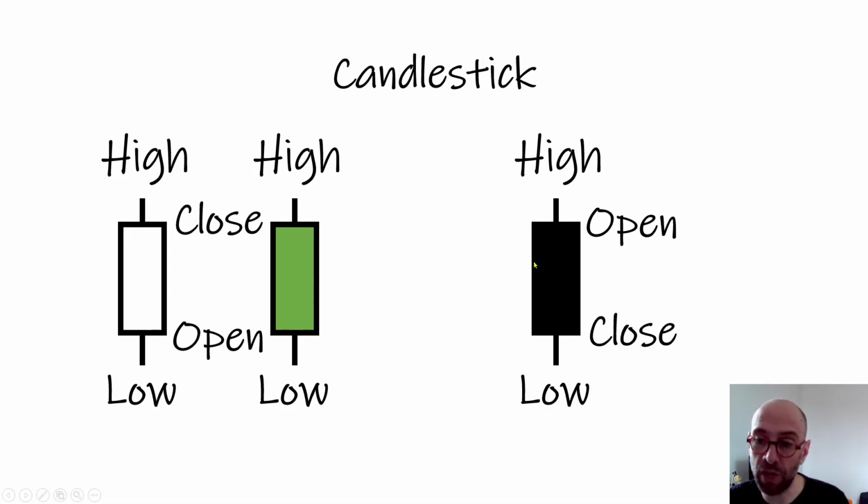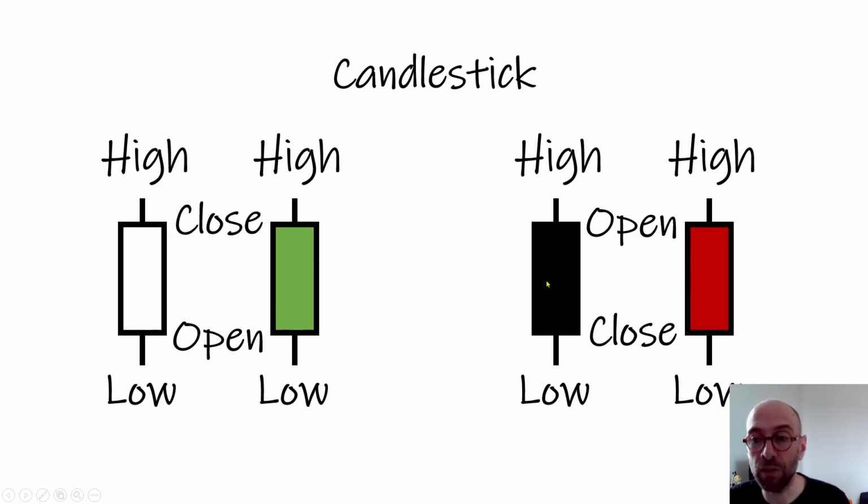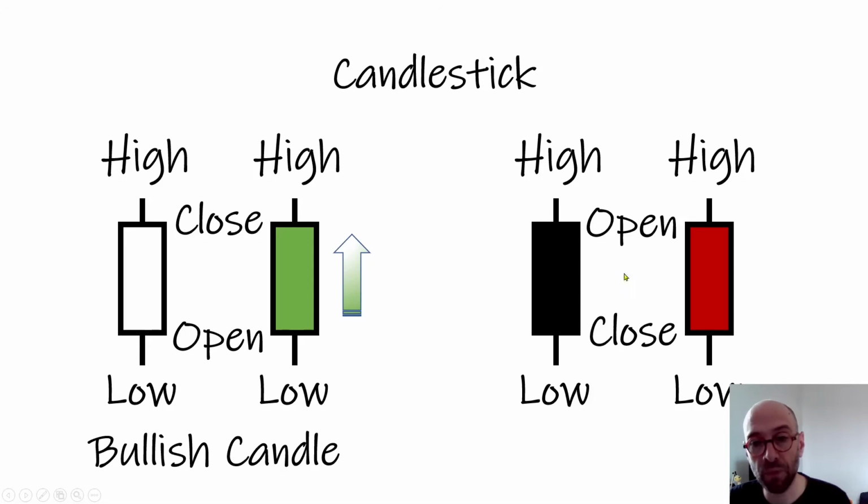And if it's a down day, so the open was higher than the close, it opened here, then the price moved and ended up at the close, then you color the candle black or red. This is traditional. You can choose whatever colors, but it's a way for you to identify where the open is, where the close is, whether it is an up day or down day. Furthermore, there's a common term used for these types of candles, which is a bullish candle.